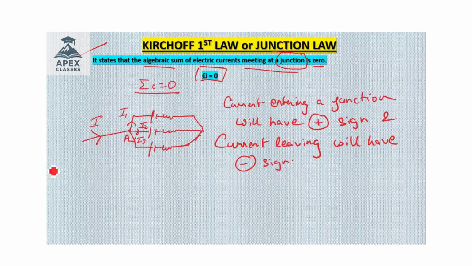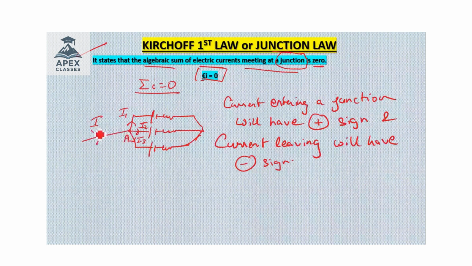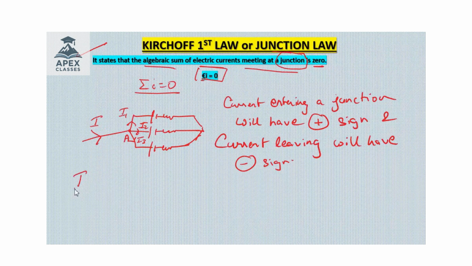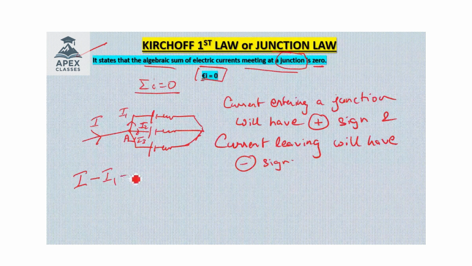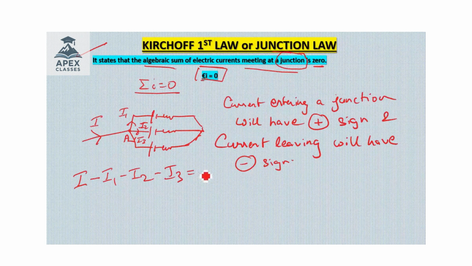Now see, if I am going to write it in equation form, what will I write? This I is entering, so plus I, and this I1 is leaving, so minus I1. I2 is also leaving, so minus I2, I3 is also leaving, so minus I3, and the summation is 0.